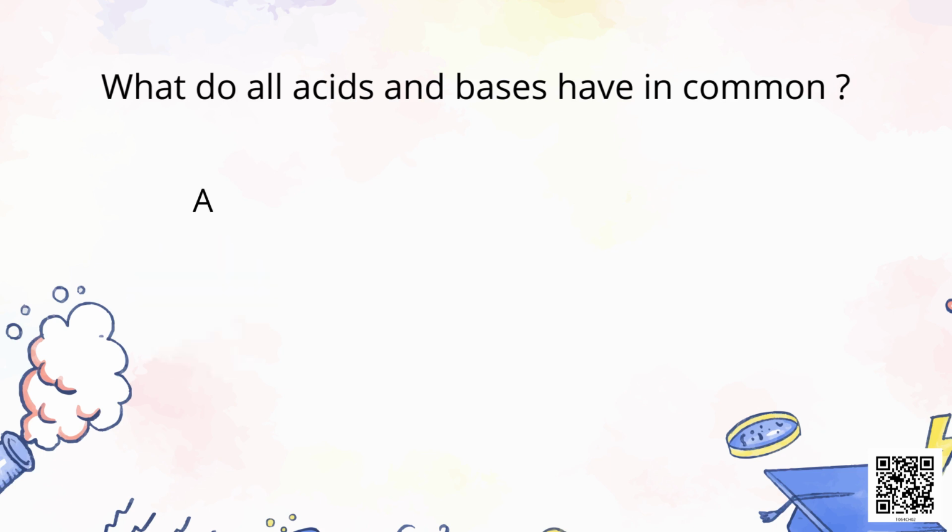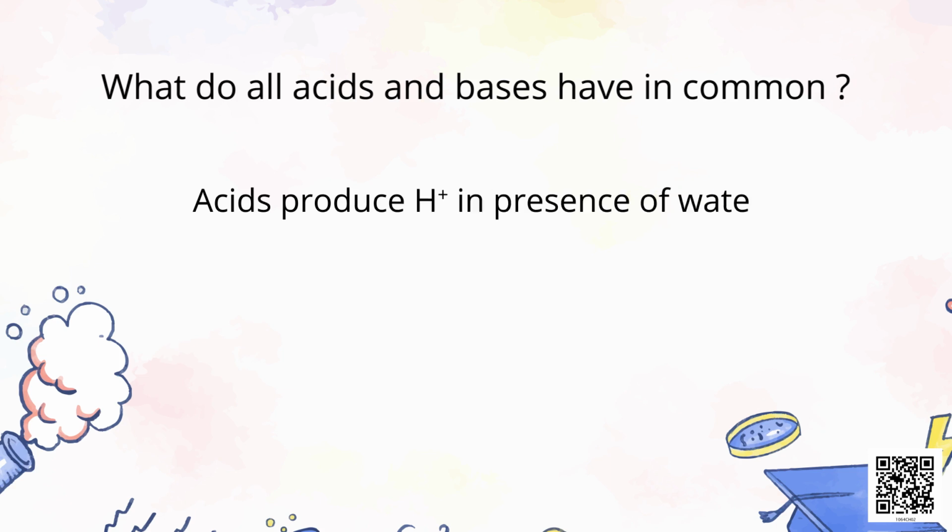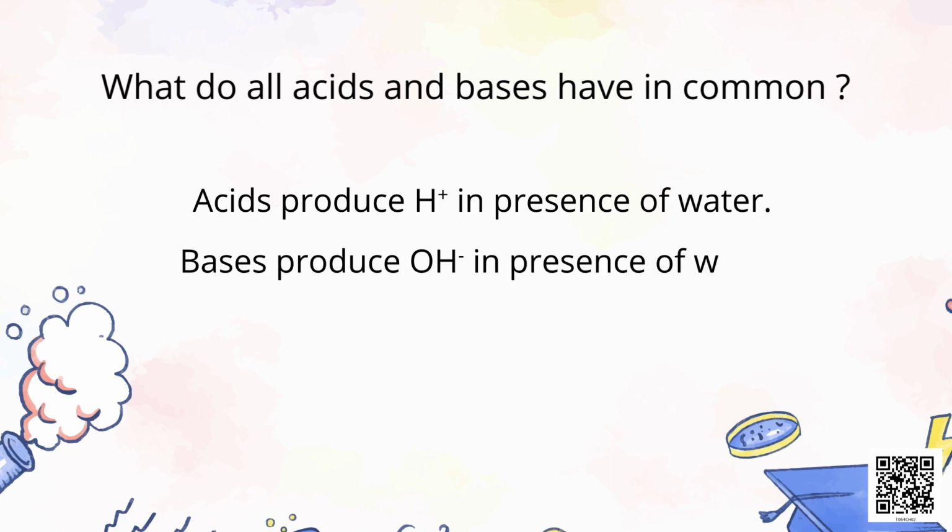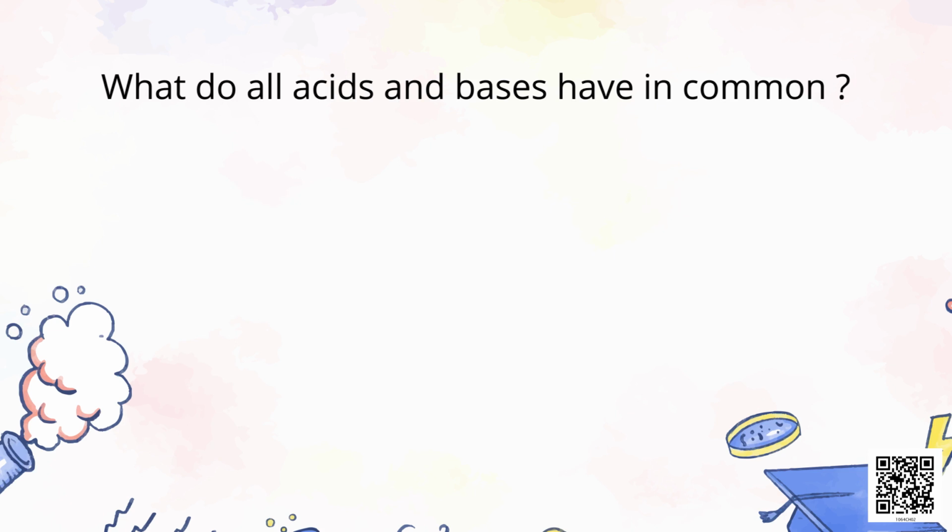Acids produce hydrogen ions in the presence of water, or you can say that acids produce hydrogen ions only in their aqueous solutions. Similarly, all bases produce hydroxide ions in the presence of water or in their aqueous solutions. The hydroxide ion is represented as OH-.